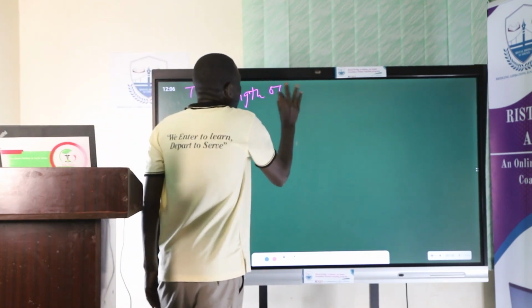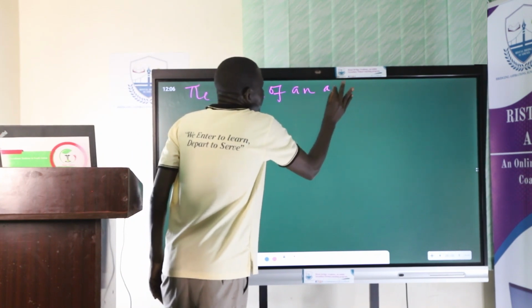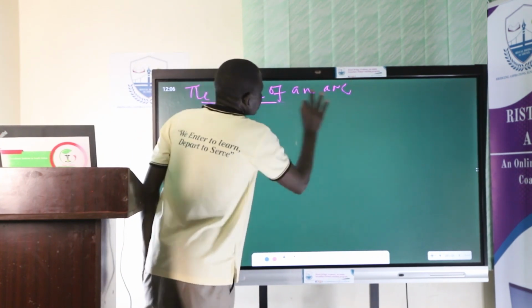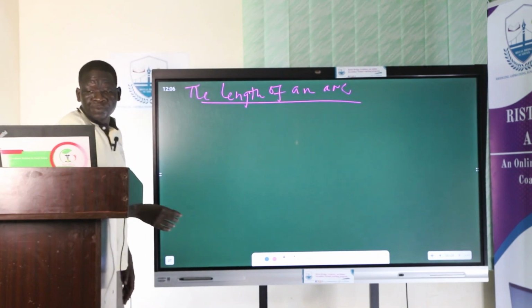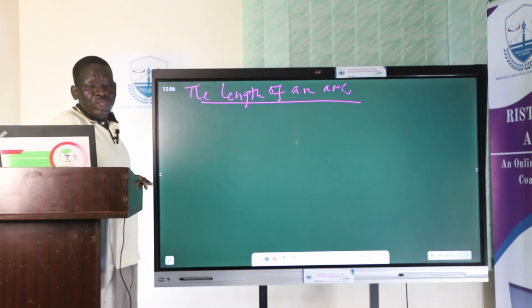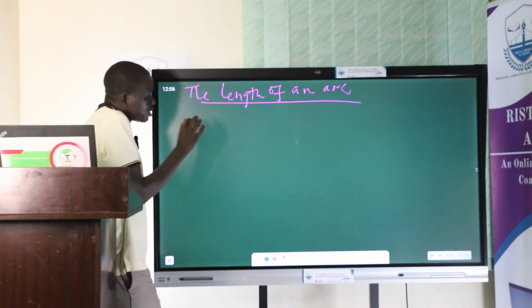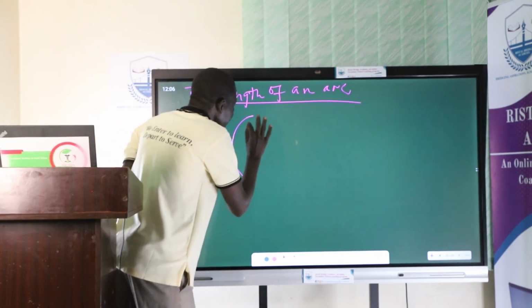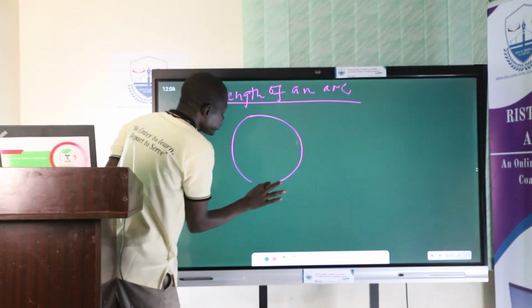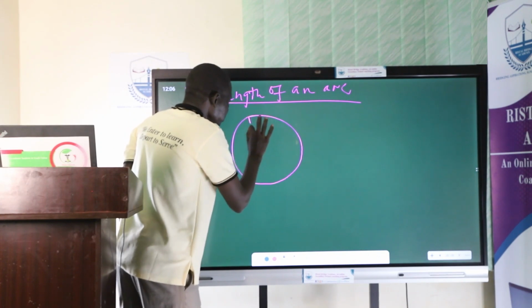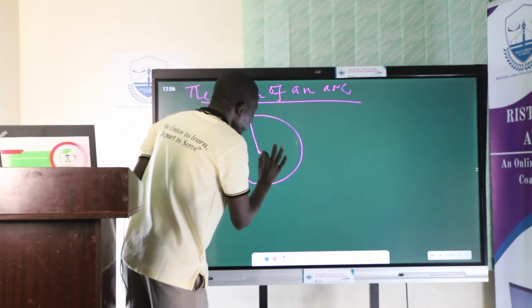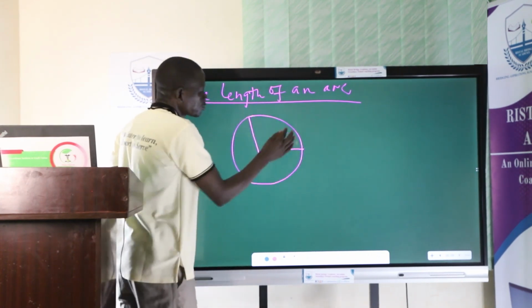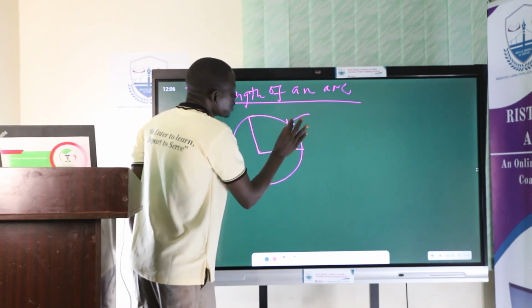How do we form the arc? When we have a circle like this, and then we have a radius here, and then another one here, this part of the circumference is what is referred to as an arc. There is another part also, which is this.